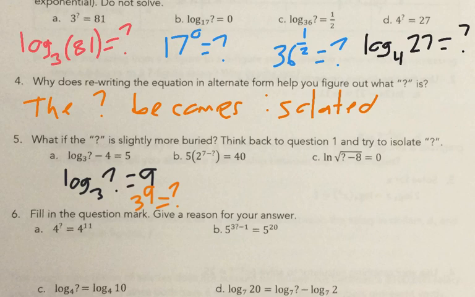So here is the power, right? The whole piece. 2 raised to the 7 minus question mark. Why is this not isolated? Being multiplied by 5. How can I undo multiplying by 5? Divide by 5. So divide by 5. So now I've got 2 raised to the 7 minus question mark equals 8.